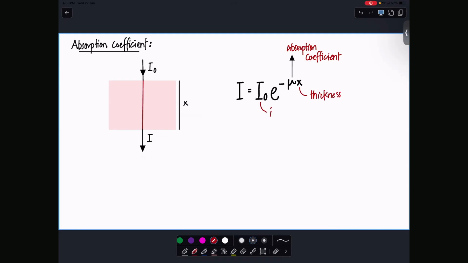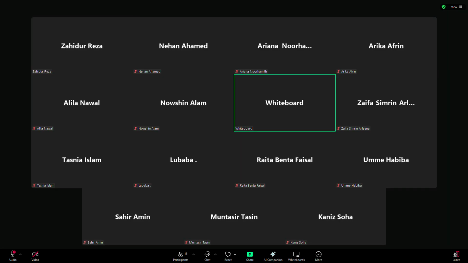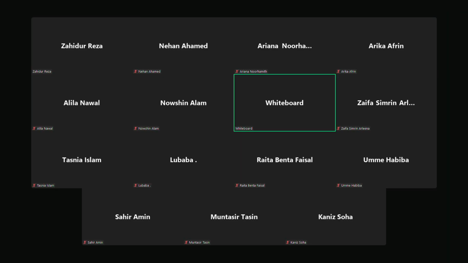I naught is the incident intensity of the wave that's entering, and I is the intensity that is attained at the end. Okay, so I equals I naught e to the power minus mu x.